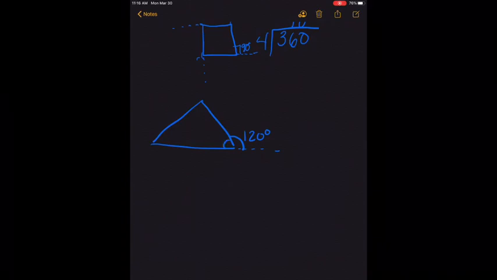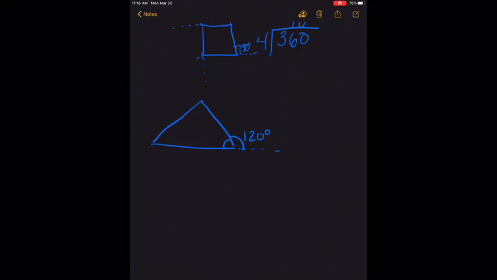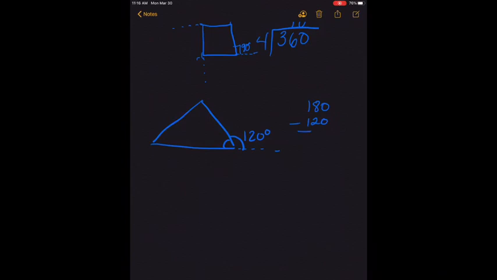Well, we know that these two angles are supplementary. So 180 minus 120 equals 60, and this angle here would have to be 60 degrees. And therefore, the sum of the interior angles of a triangle is 180, and the sum of the interior angles of a quadrilateral is 360 degrees.